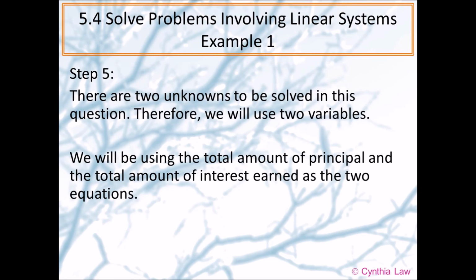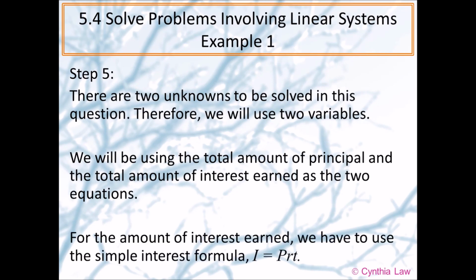We will be using the total amount of principal, that's one equation. We will also use the total amount of interest earned as the second equation. So for the amount of interest earned, we're going to use the simple interest formula, I equals PRT.